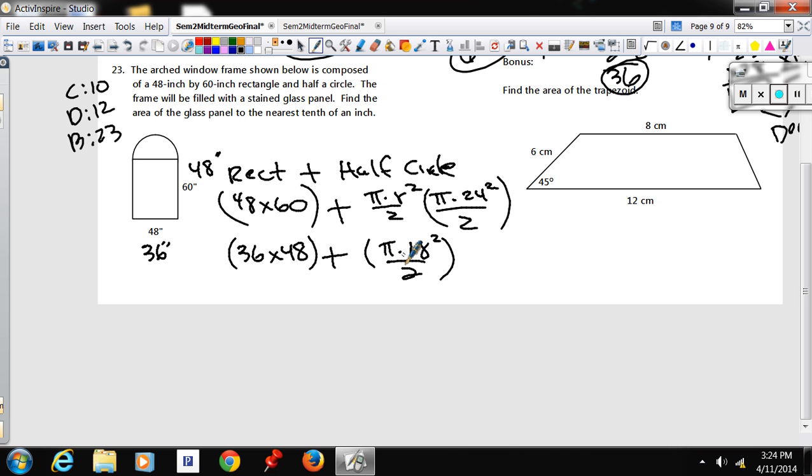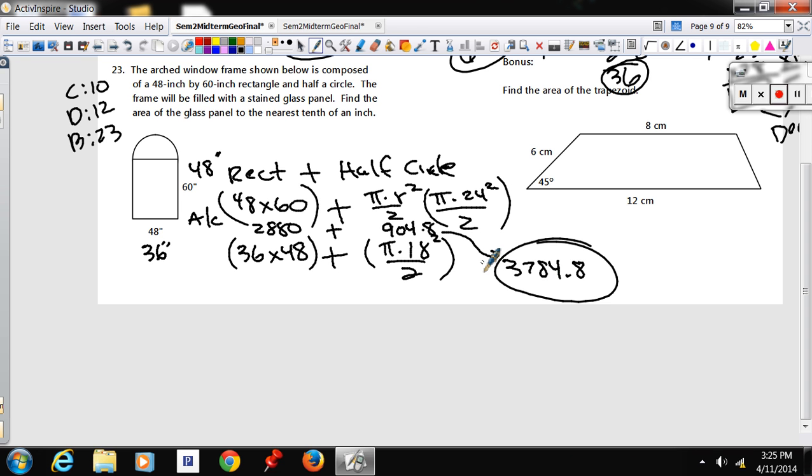Now we have 48 times 60, that's 2880, plus, and I believe this is the A and the C test, pi times 24 squared, and divide it by 2. It gives you 904.8. Then you're going to add that to 2880. You get 3784.8. That would be your answer to A and C version.